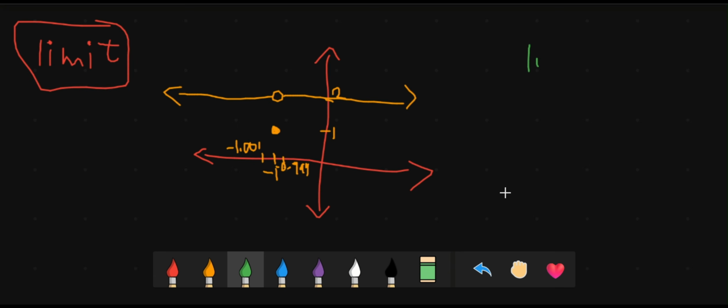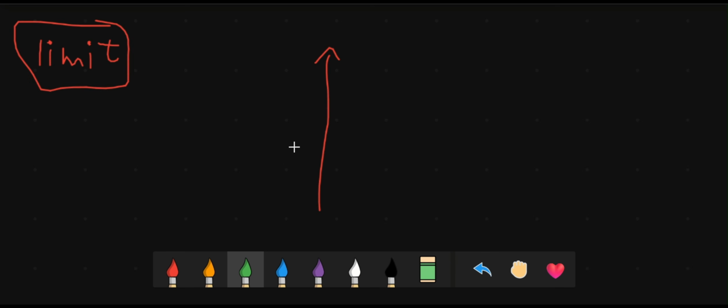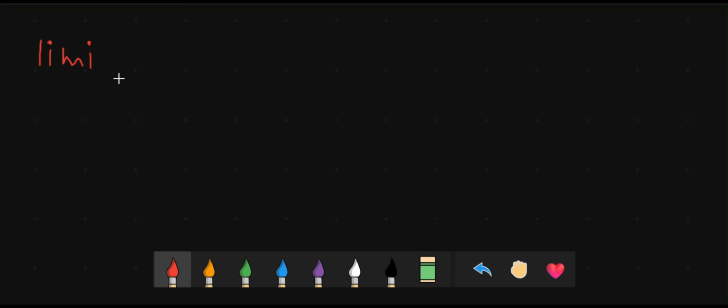Alright, now I want to try a slightly different example, and I want to attempt to include a slightly different function that doesn't just look like one straight line. I want to show something slightly different.